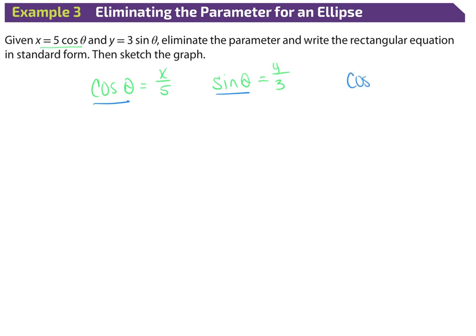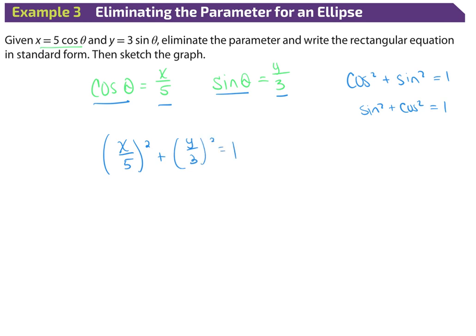Hopefully you remember this guy right here, or vice versa. It doesn't matter. It's the same thing. Sine squared plus cosine squared equals 1. All right? And so if that's the case, if cosine equals this and sine equals that, then I should be able to say that this squared plus this squared equals 1.